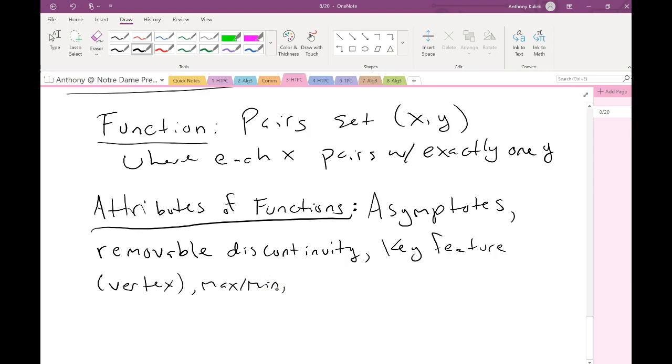When we talk about maxes and mins, there's another thing that we often are interested in as far as an attribute. Increasing and decreasing. Remember, when a function is increasing is basically where you can walk uphill along the graph. The slope is positive over that part of the function. And it's decreasing where, if you're walking along the graph from left to right, you're walking downhill.